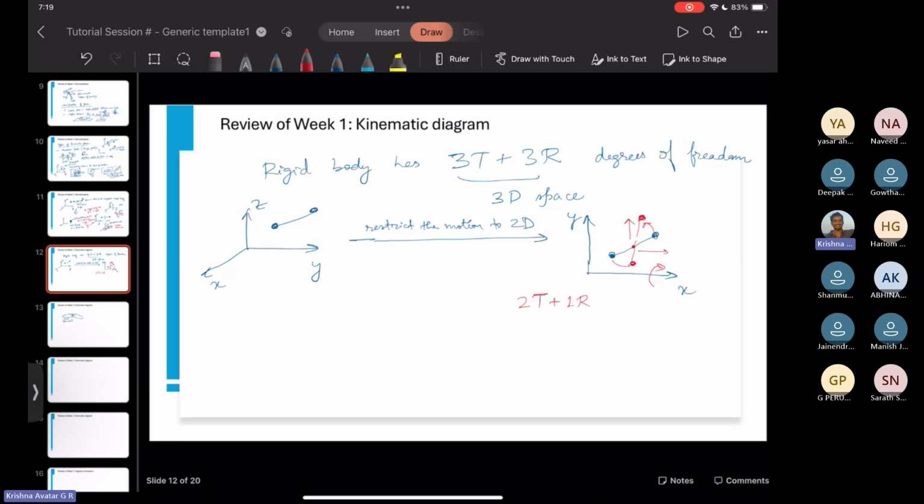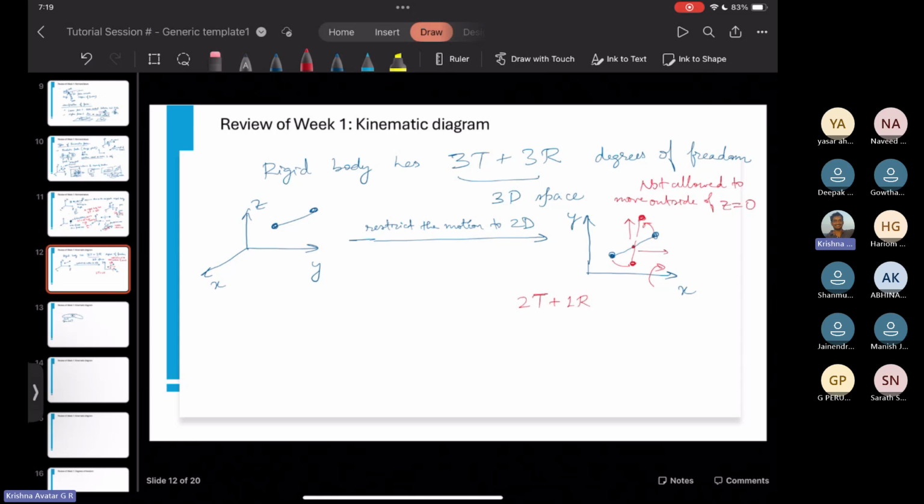But we are not allowed to move outside of z equals 0. You see, it places such a big constraint that we can never have z not equal to 0. So rotation about x is clearly not possible.